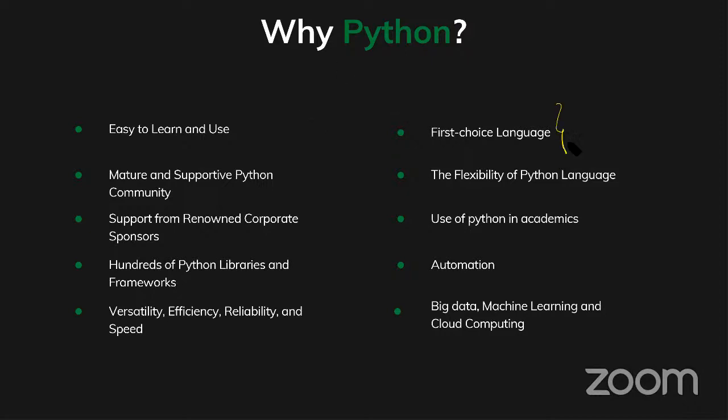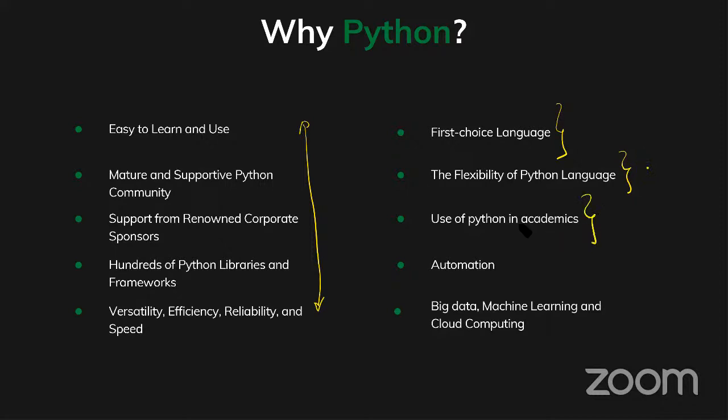First choice language, again, they go step by step over here, whatever we just discussed. The flexibility of the Python language: you can have multi-vendor support, you have multi-library support, you want concurrency support in your automation, you have some bug, then there are Python forums where you can raise a ticket.